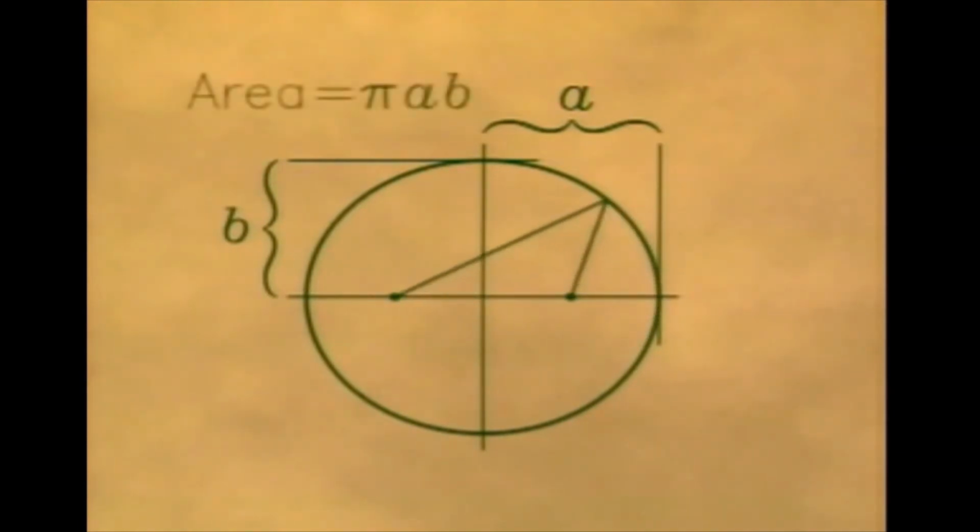A single point is called the focus. 2 points, the foci. The length of the semi-major axis is A. The semi-minor axis has the length B. The region bounded by the ellipse has area pi AB. The distance from the center to either focus is some fraction of A, EA.